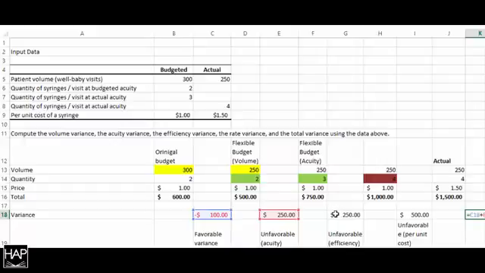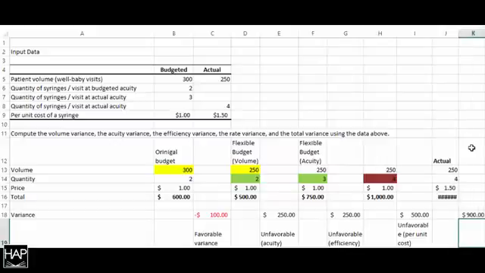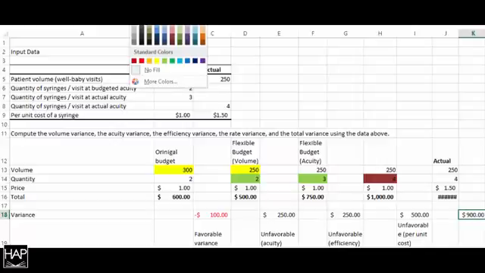Then we add that to the variance due to efficiency. So that's when we're either possibly spoiling the syringes or for whatever reason we're not using the syringes efficiently, plus the unfavorable variance due to the cost per unit. So when we do all of that, we see that the total variance here is $900.